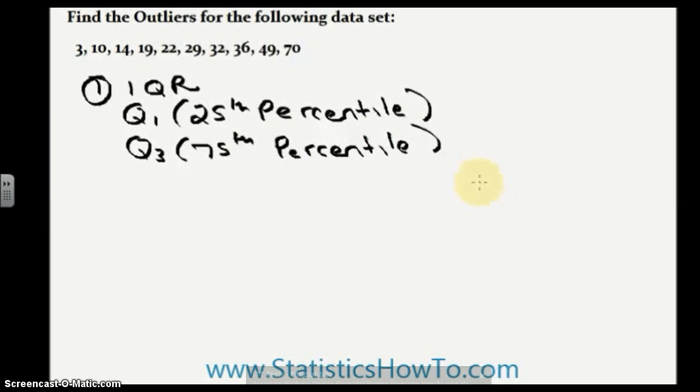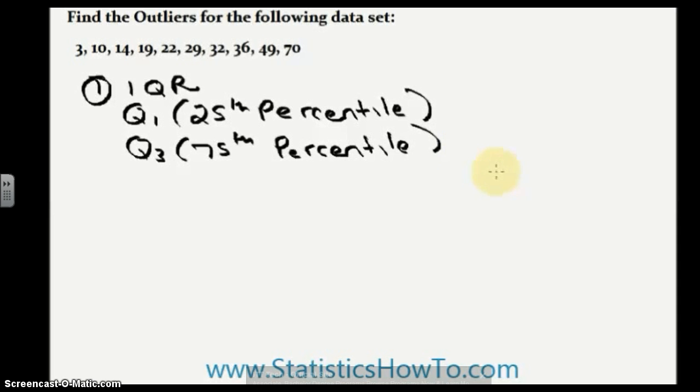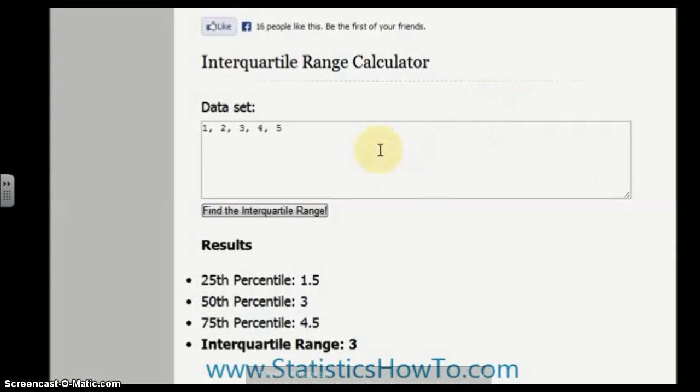If you don't know how to find the interquartile range, you can check out my other video, which walks you through finding the IQR by hand. But I'm going to use an online calculator, which will be much faster for this video. I'm using the online interquartile range calculator at statisticshowto.com. You can find a link in the description box below this video.